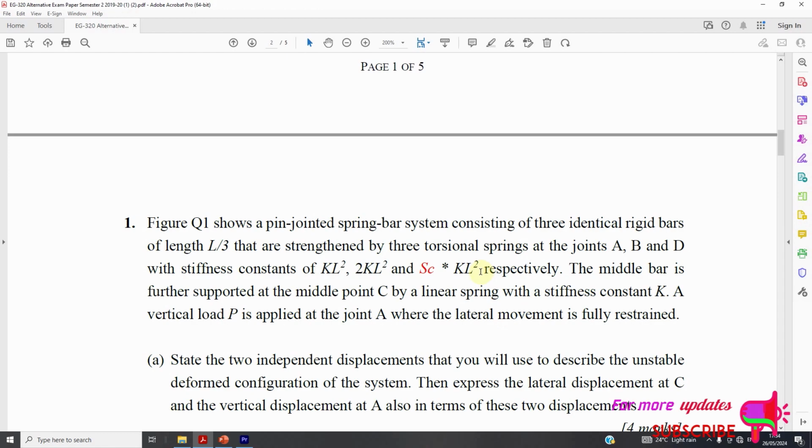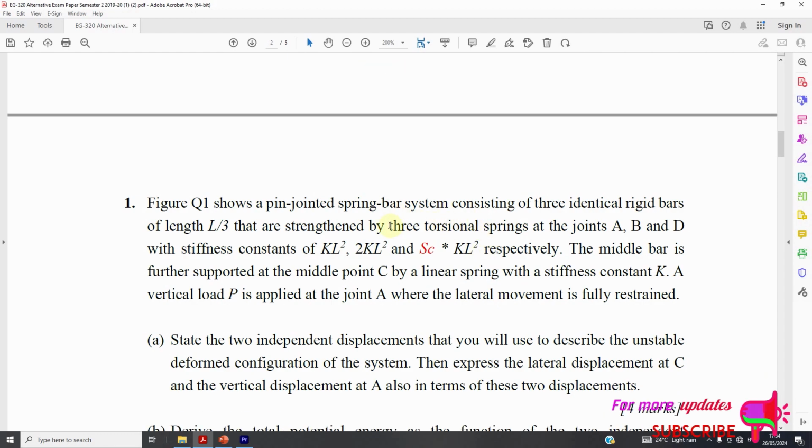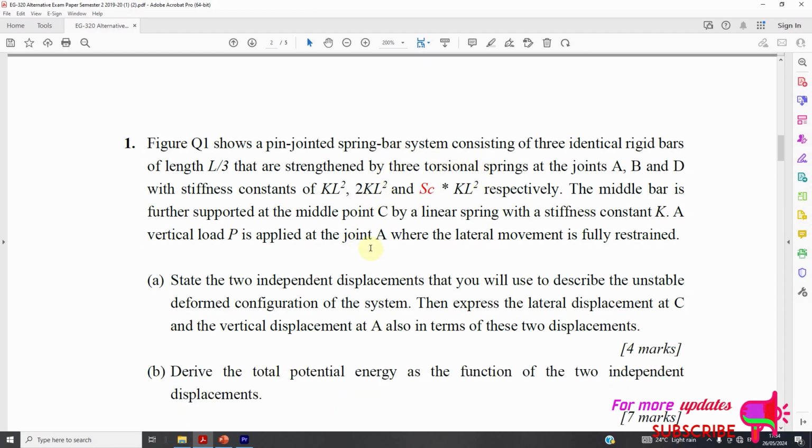So I have question number 1. I have these questions and answers, and I want us to go through this together.